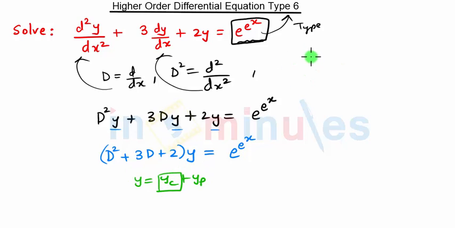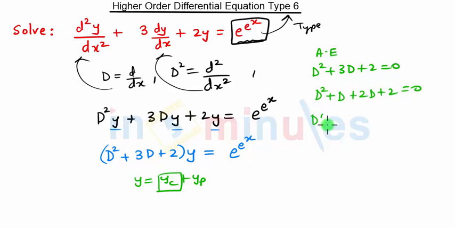To find yc, we need an auxiliary equation, which is given by D square plus 3D plus 2 equal to 0. Again, we have seen this equation, so we are going to just split the middle term. After this, we take D common, we get D plus 1, plus we take 2 common, again we get D plus 1 equal to 0.